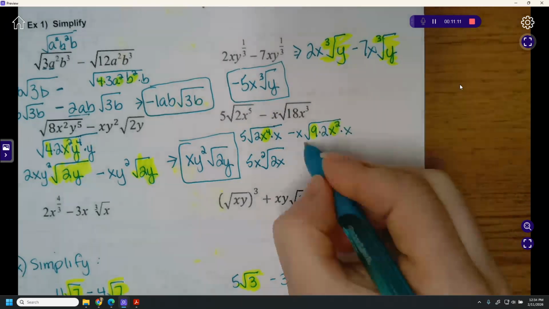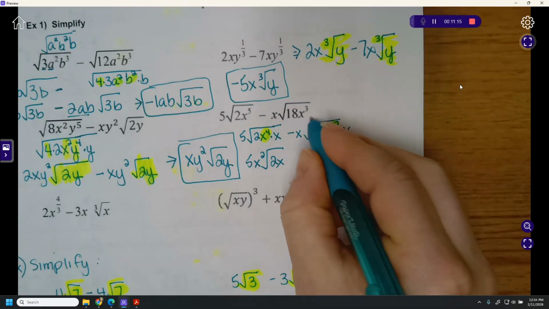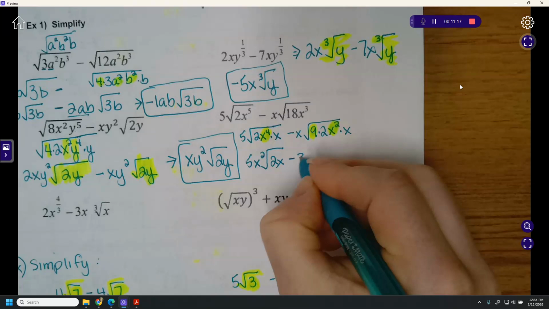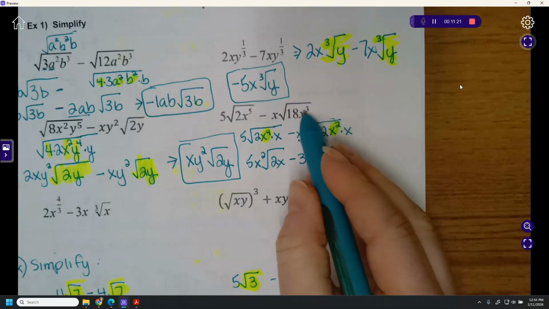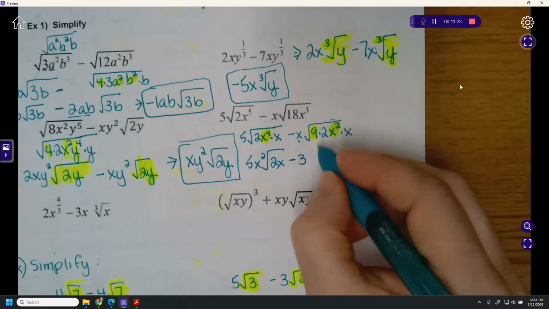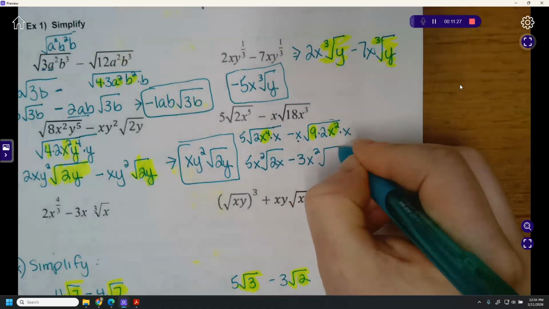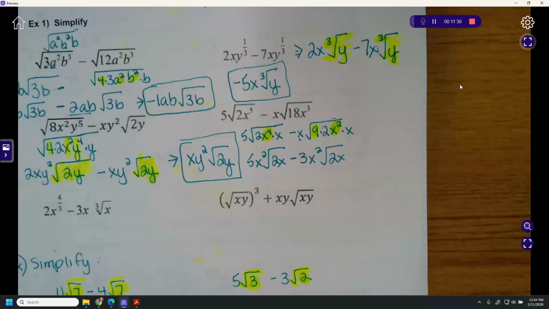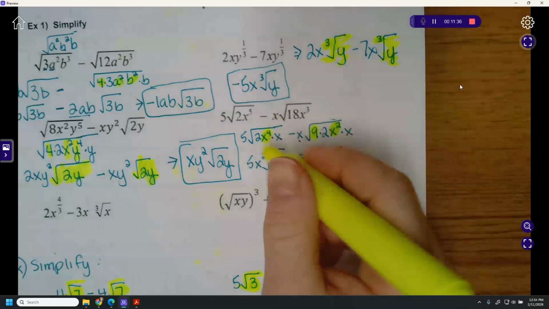Next, on this side, the square root of 9 is going to be here. There's already an x. The square root of x squared is also x again. That's going to give me x times x, or x squared.